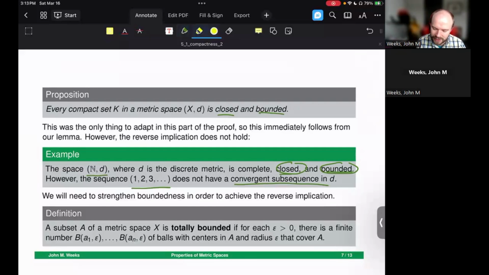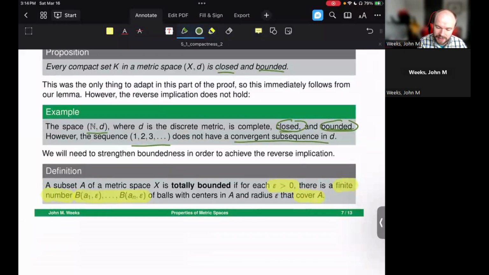The reason that we're going to use this is that now we're going to be able to say for each epsilon greater than 0, that there's some finite number of balls of radius epsilon centered at specific points inside of our set that cover the entire space.